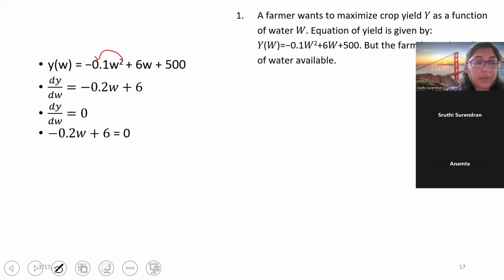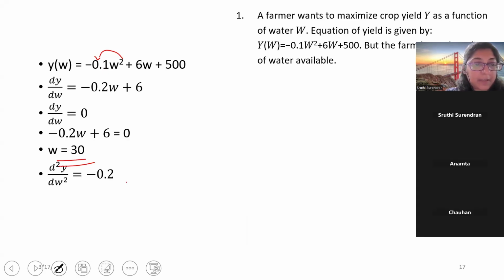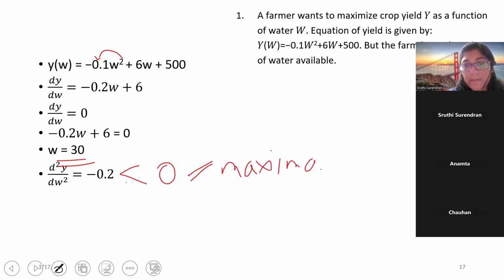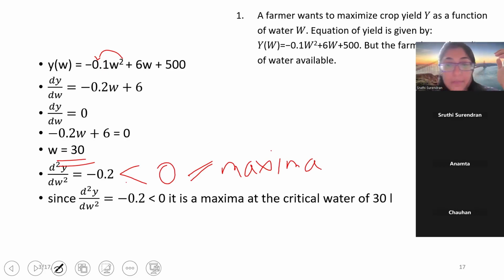If you put this equal to 0, you will get the value w equal to 30. Now, if you find the second derivative, it is equal to minus 0.2, which is less than 0. So it is a maxima. Since minus 0.2 is less than 0, it is a maxima at the critical water of 30 liters.